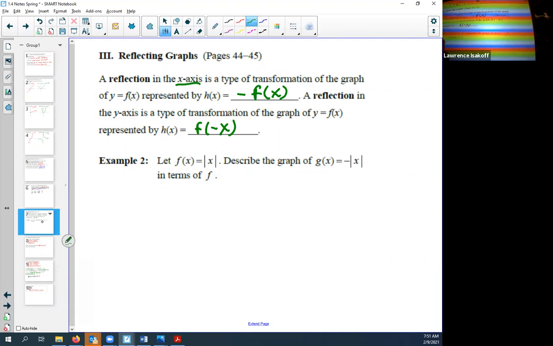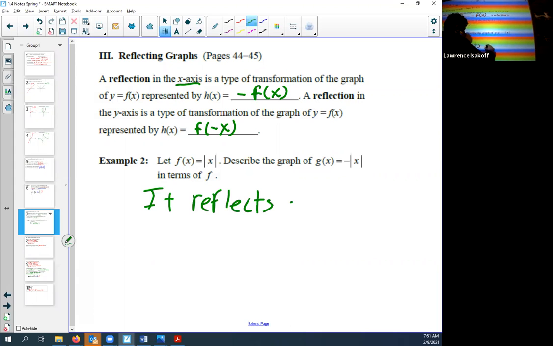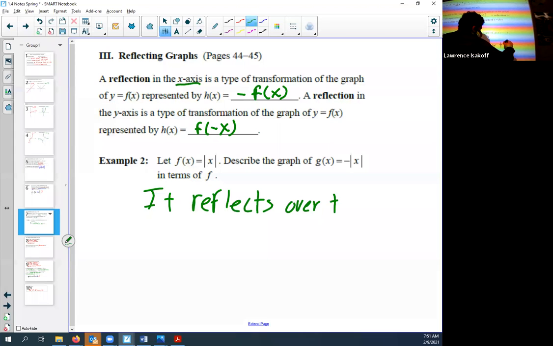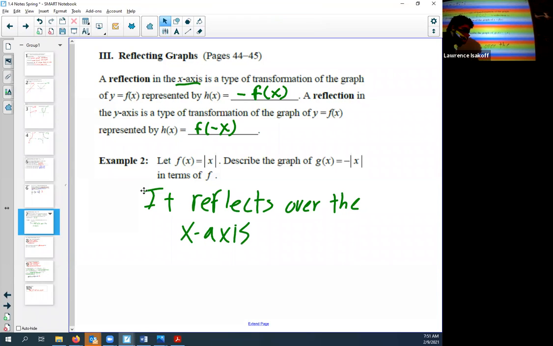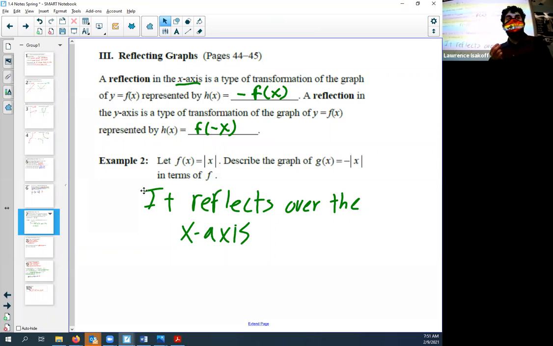So I'm just going to say that it reflects over the x-axis. Now let's take a look at that in Desmos and see if that does appear to be the case. Based off of what's stated up here, that's what it should be. Let's verify it.